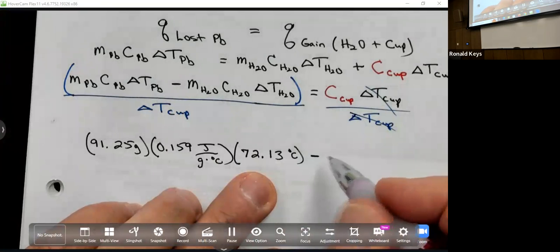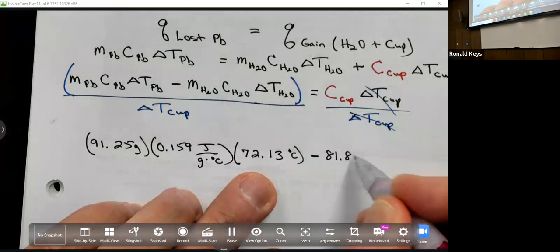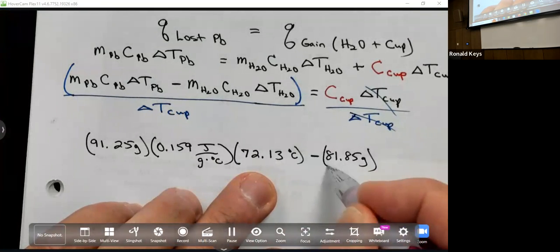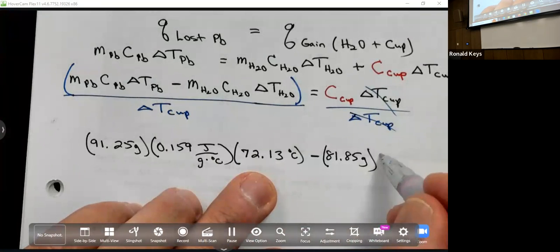My mass of water is 81.85 grams times 4.184.